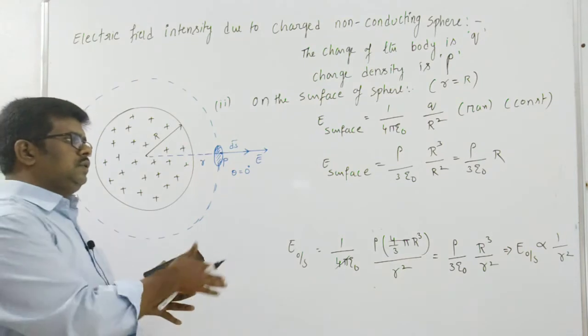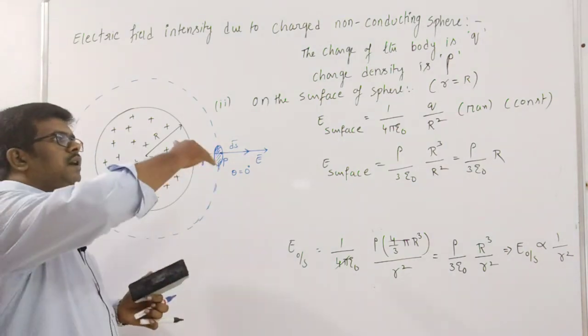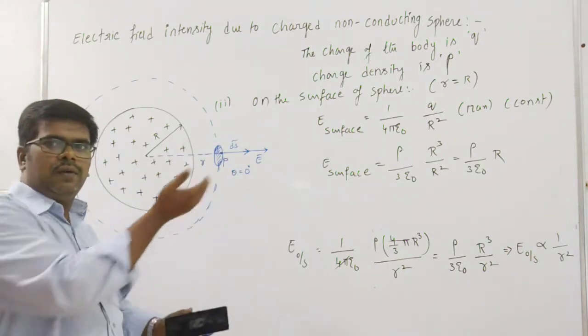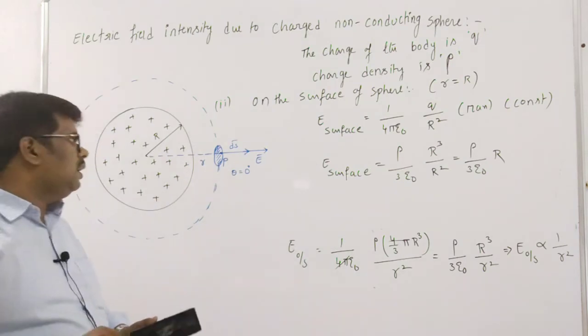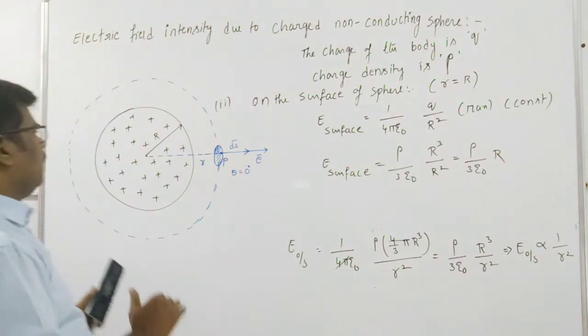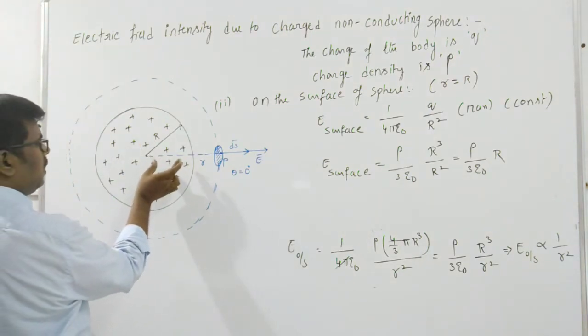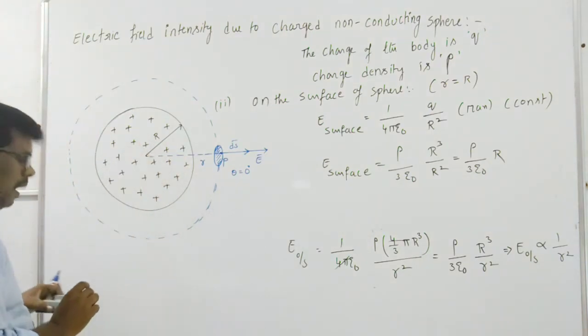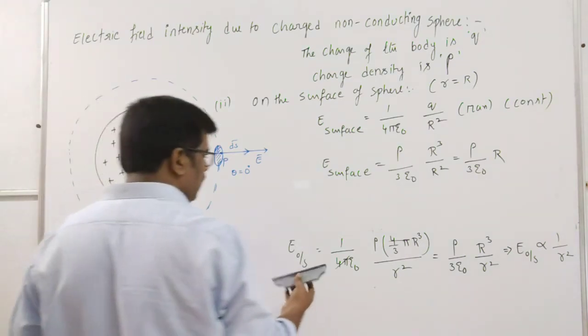So after finishing the electric field intensity on the surface, now we can go for the electric field intensity inside the sphere case. Inside the sphere means the distance whatever you are taking, small r, is less than the capital R. So now we will find that one.